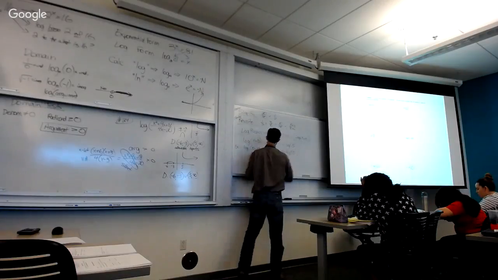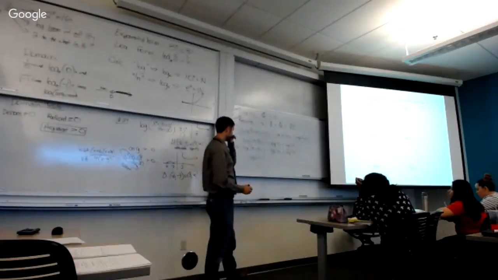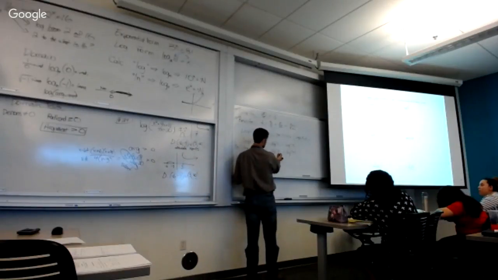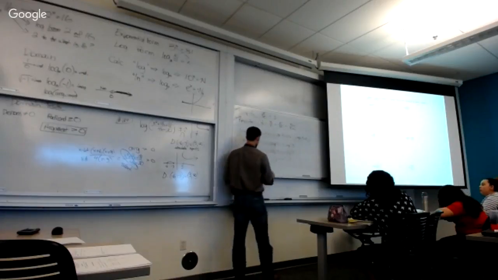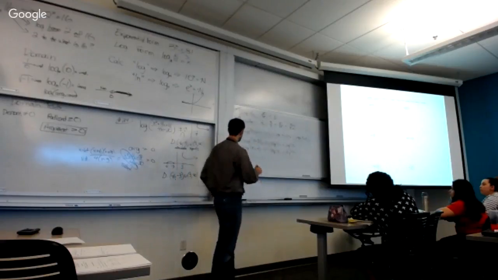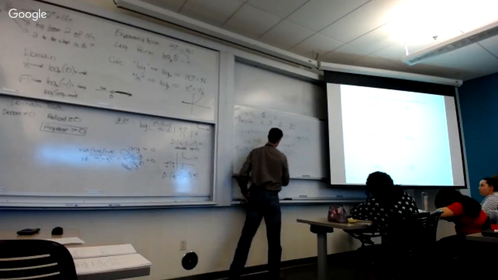So I split that product up into an addition problem. So now what's log base 10 of 10? 10 to the what is 10? 1. And so is 2 equal to 1 plus 1? Yes. So indeed, that's just a simple example to show you that it works. So that's our first log rule.